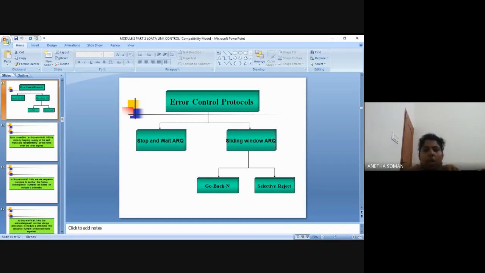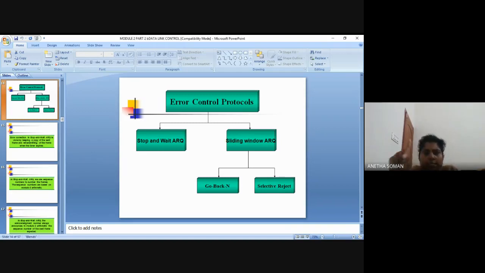Now, how does the retransmission happen? Stop and wait ARQ keeps a copy of the sent frame, and whenever it wants to retransmit, it retransmits it. That is the working principle of stop and wait ARQ.